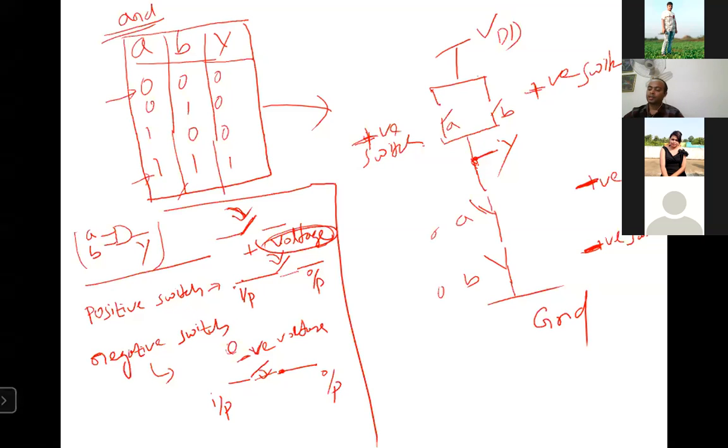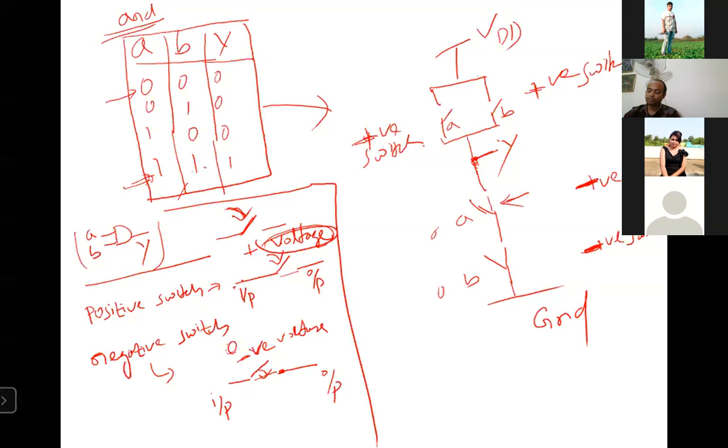Similarly, you can check the other conditions, and look at the last condition whether it is happening or not. If I'm giving both 1 1, at that time what will happen to this switch?